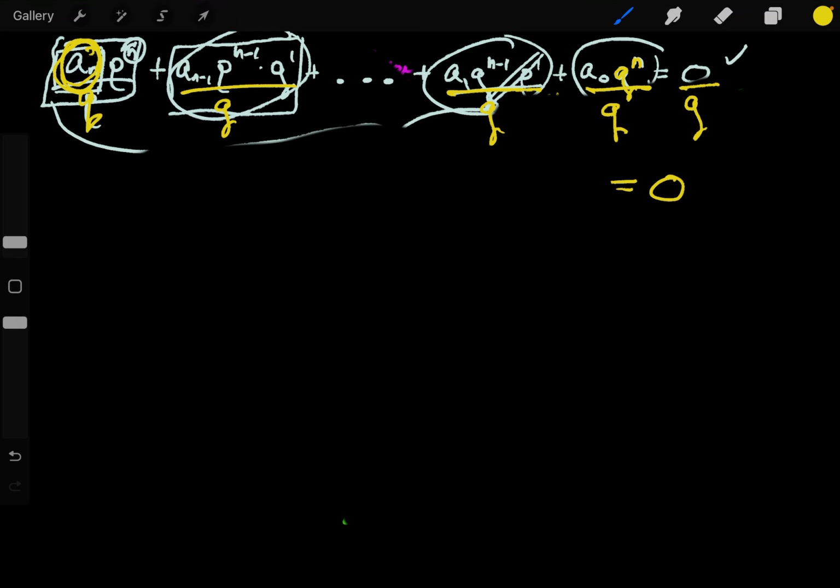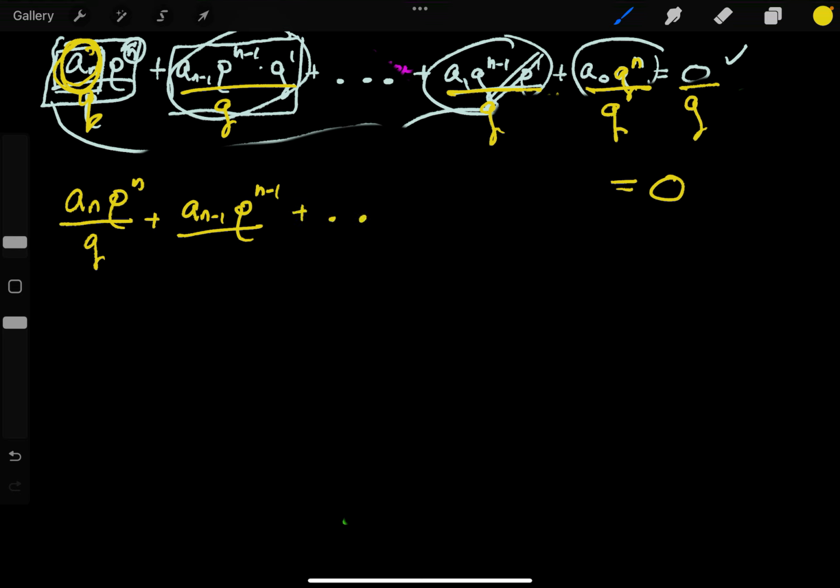So now I divide by Q, and I get A sub n, P to the n over Q, plus A sub n minus 1, P to the n minus 1. Over here, since I'm dividing by Q, what do I have? Nothing, right? Because this is Q to the 1, so it's just this, plus dot, dot, dot, going down, A sub 1, Q to the n minus 2, P, plus A sub 0, Q to the n minus 1.